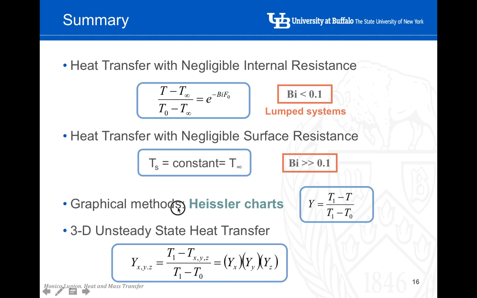There were a few conditions that the problem needs to meet, but if the conditions are fulfilled, we can directly use the Heisler charts that are in Appendix F in your textbook. We define four different parameters, y, x, m, and n, and we're able to find the relationship between the temperature and the time.